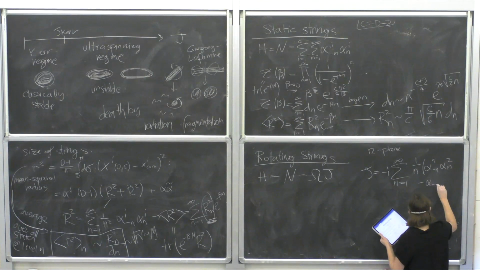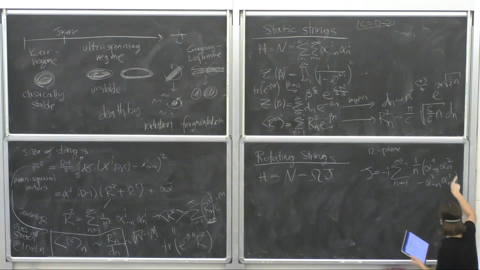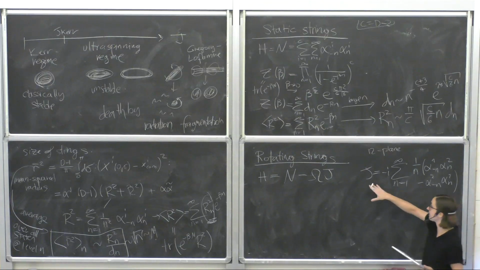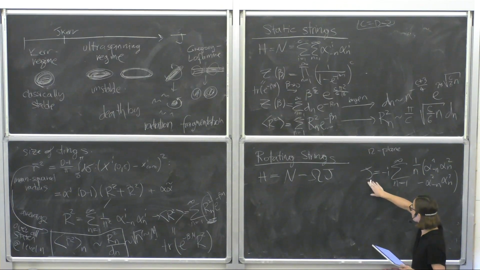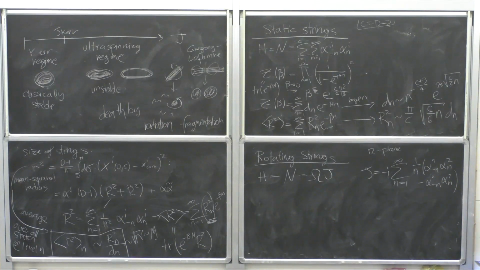You can figure out that this is what you have to do to have rotation in the 1-2 plane, just by looking at the symmetries and the conserved current that gives you angular momentum. This will involve the X^mu of the string, and you know the solution of that, and you plug it in, and that will be what remains if you want to have angular momentum in the 1-2 plane. Okay?